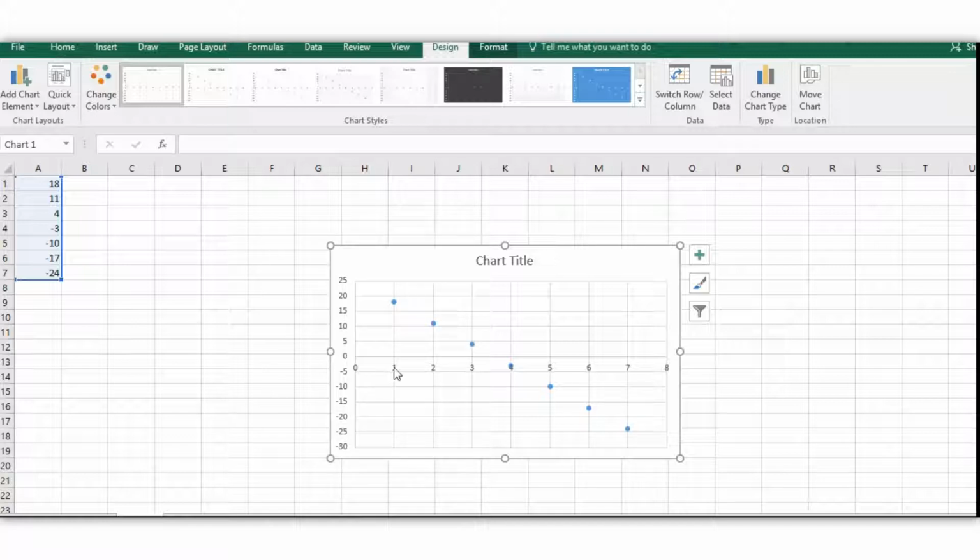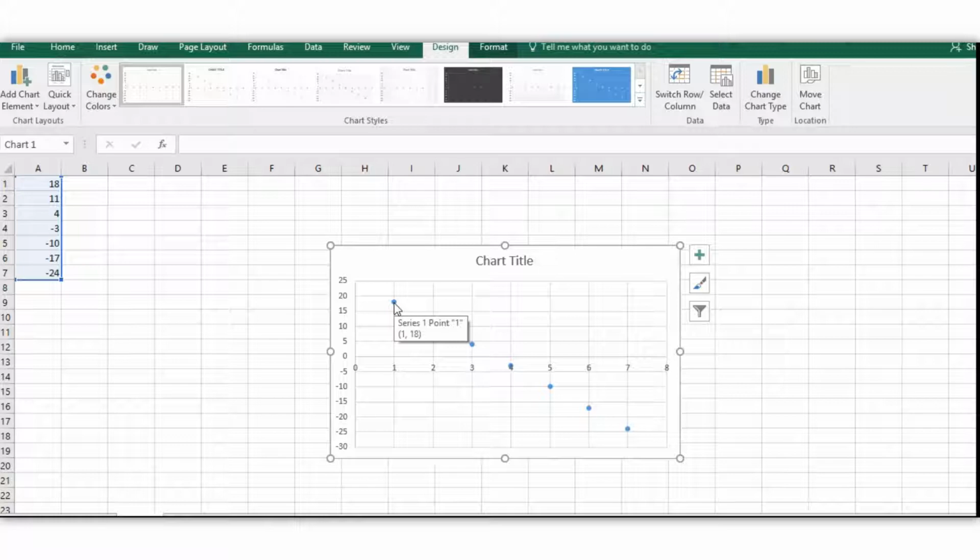Second thing, if you look right here, this is the x-axis running along here where we see the numbers, and over here on the left is my y-axis. And I can see that when x is 1, y is 18. If I hover over that point right there, it even tells me 1, 18.